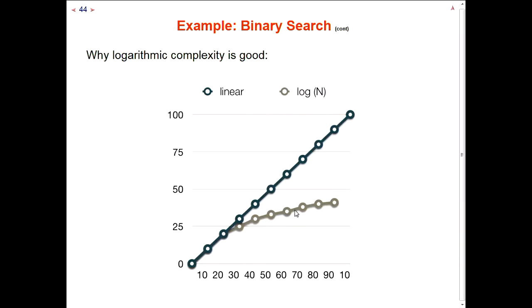And you can see that it grows very, very slowly. This is why, if you have to search, and this is one of the fundamental tasks in computer science, for many, many applications, you have huge databases, you need efficient search methods. Logarithmic search methods are always the best solution to any of these problems.